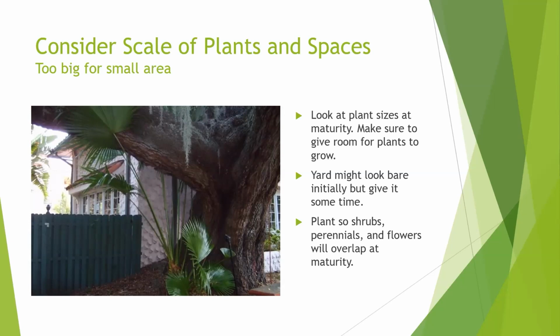So you may have one plant here and another plant over there, and there's going to be some space between those plants, and it may look bare, but that's okay, because after a few years it's going to fill in, and you're going to be happy that you don't have to take any of those plants out. Otherwise they'll just choke each other out.